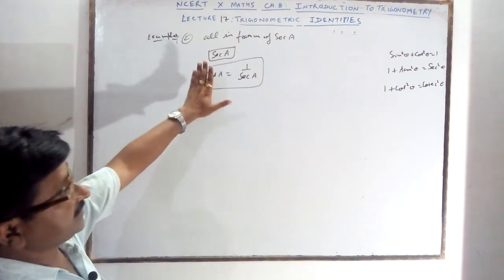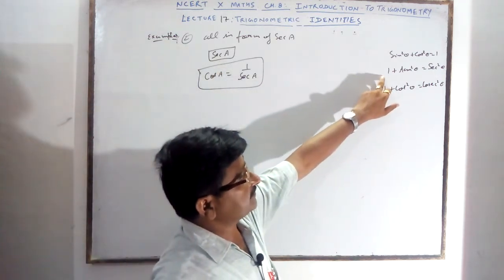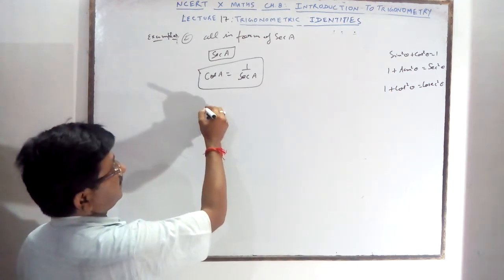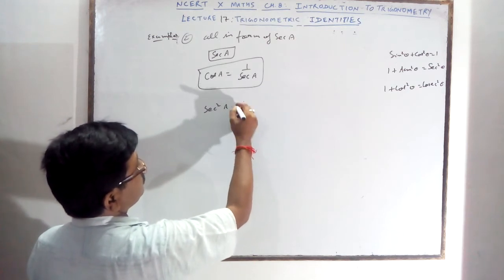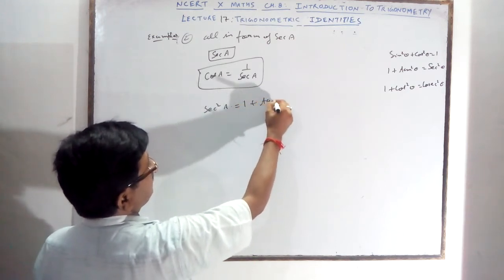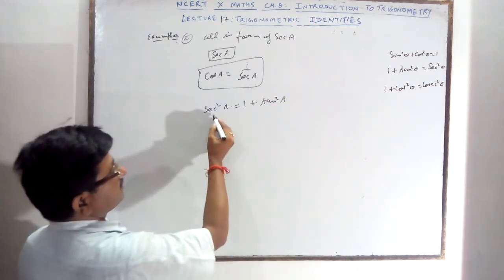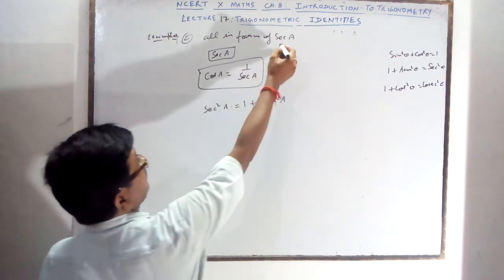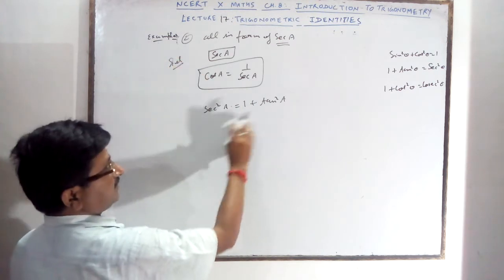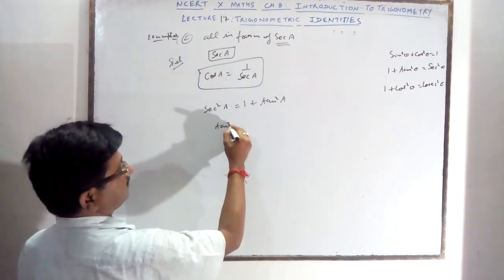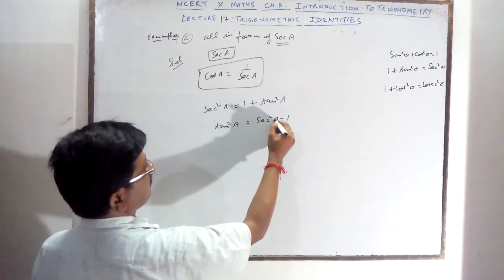Now sec is related to which other ratio in terms of identity? Sec square A is equal to 1 plus tan square A. This identity I have written. Then what will you get? You want all in the form of sec A, so tan square A you can write as sec square A minus 1.